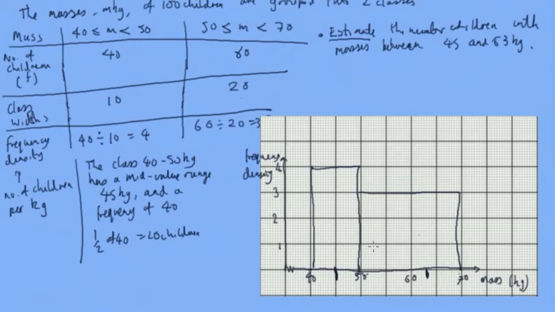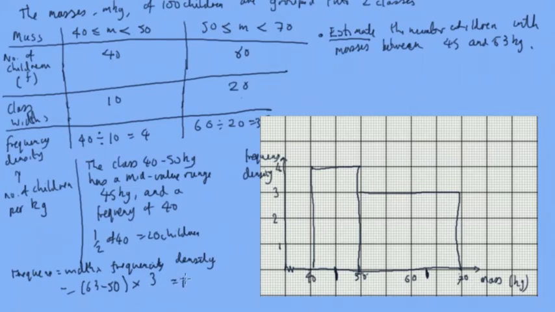Now for the next range, frequency is width times frequency density. So the width here is between 63 and 50, and the frequency density is 3.